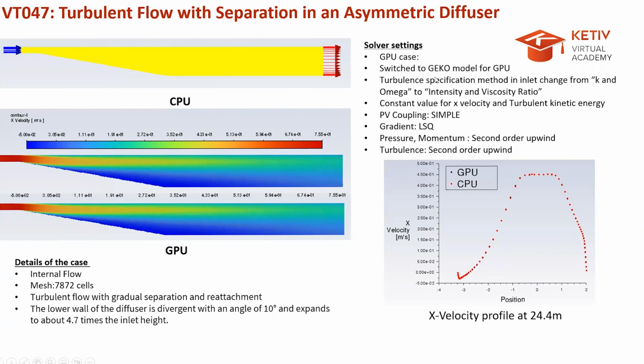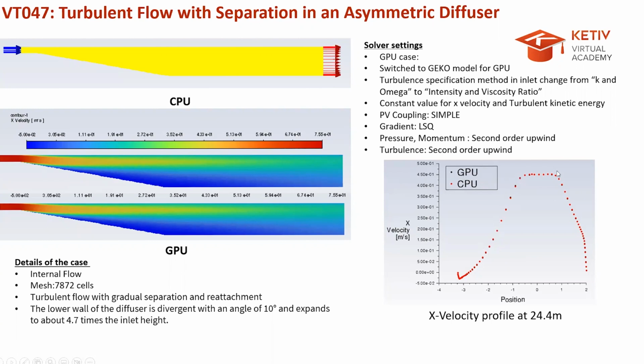And you're basically setting this up with the generalized k-omega model. And the pressure velocity coupling is done using a segregated solver, second order upwind, for both pressure and momentum and also turbulence.